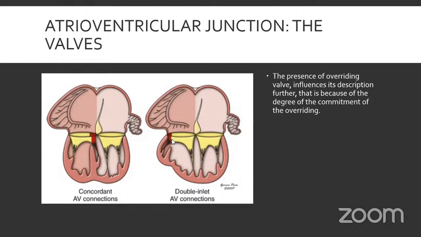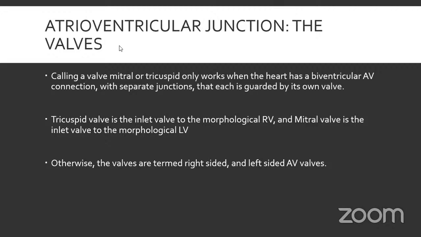In this case, this valve is committed to this ventricle, and we term this double inlet AV connection, with double inlet to this morphologically, it looks like a right ventricle. I hope that this is clear. Please do stop me whenever there is any question.